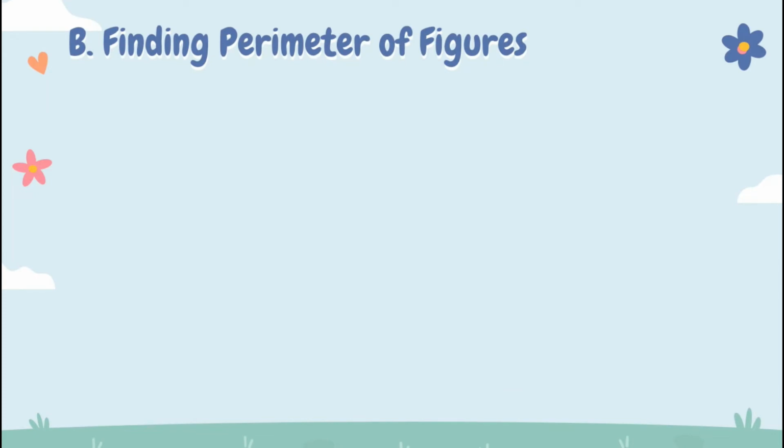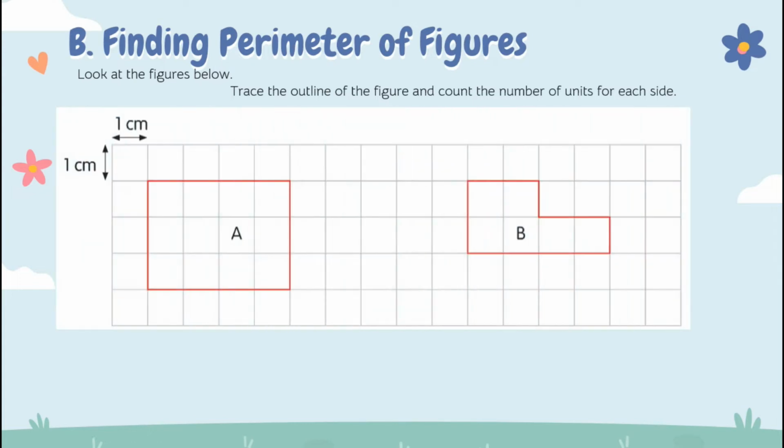B. Finding perimeter of figures. Look at the figures below. Trace the outline of the figure and count the number of units for each side. Figure A and figure B. 1 unit equals 1 centimeter.